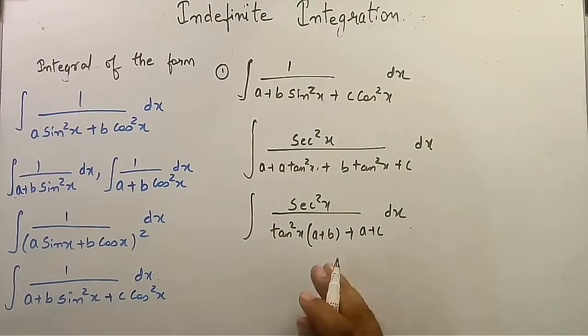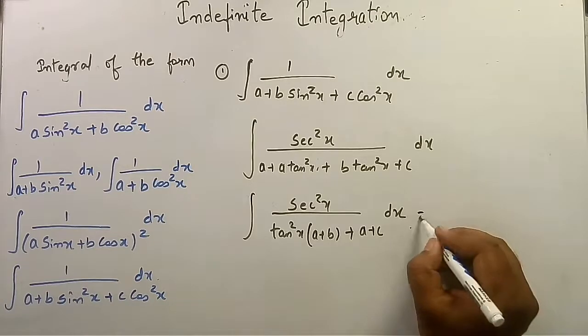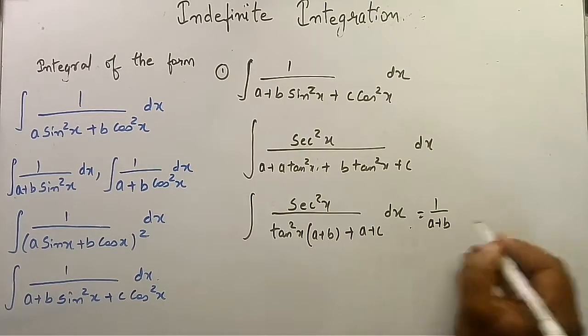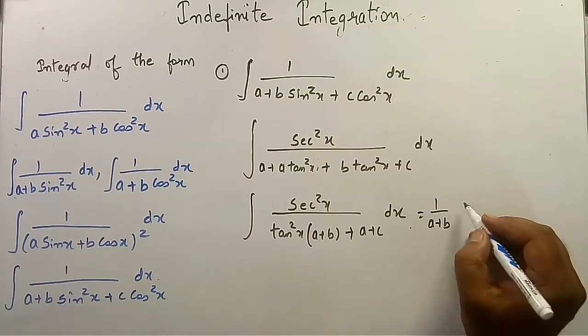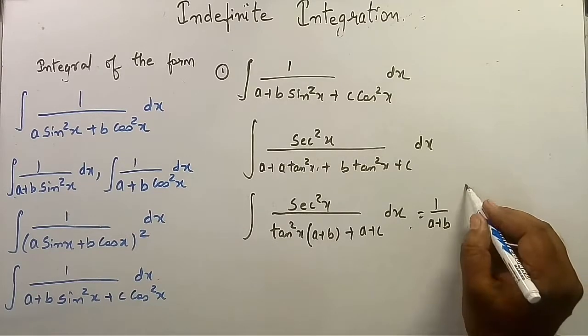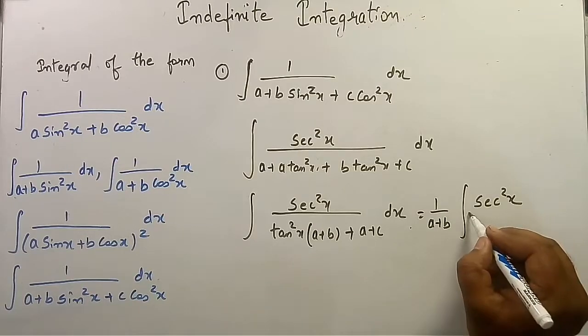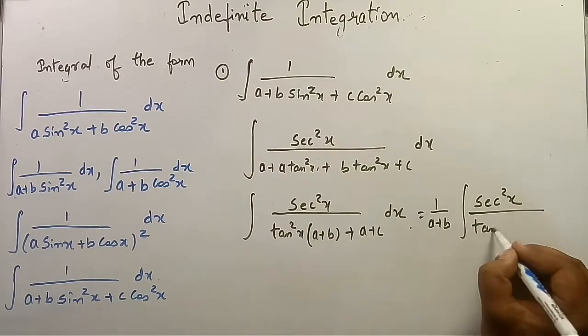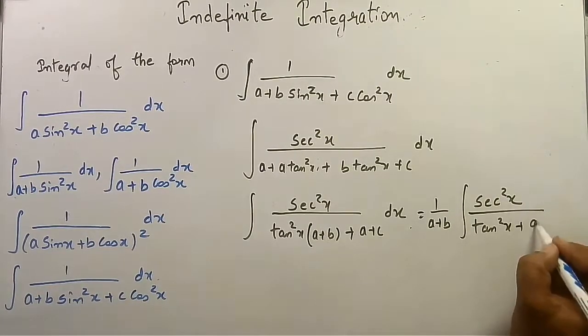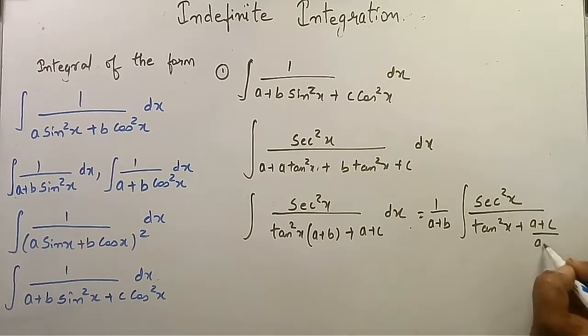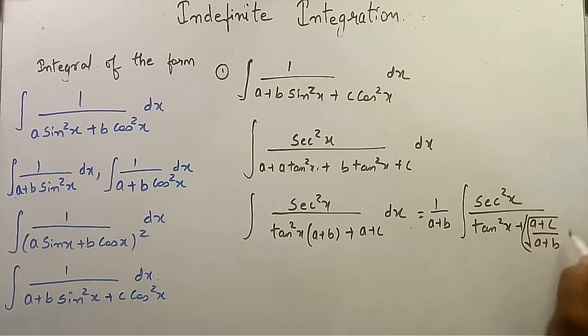Now take this a plus b outside, 1 by a plus b, and you will get sec square x upon tan square x plus (a plus c) by (a plus b), which can be written as under root of (a plus c) by (a plus b), whole square.